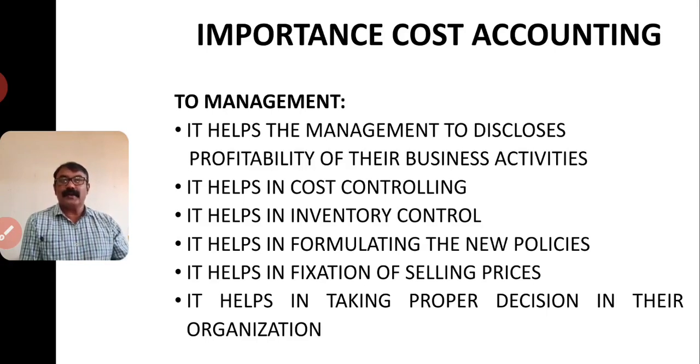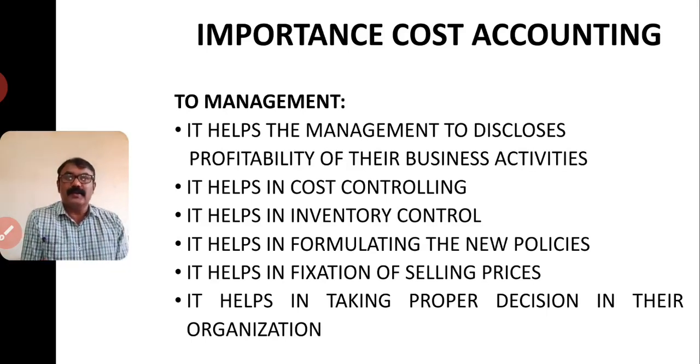They come to know at the end of the year whether it is profit or loss, and why, and analyze it at that moment. But it is already history in financial accounting. In cost accounting, primarily they prepare the budget. This much of expenses should be there for the particular production, and actual expenses will be compared. They come to know, they can take measures, and they can control it.